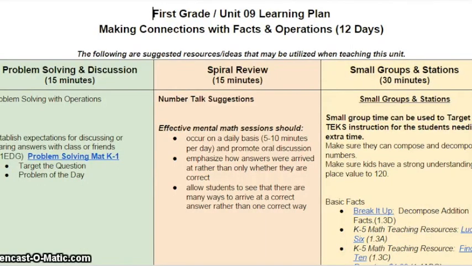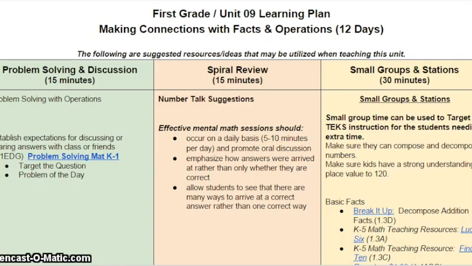Unit 9 for 1st grade, we're looking at this learning plan, and this is where we are making connections with facts and operations. Other grade levels are calling it a bridge the gap idea, but what we're focusing on specifically with 1st grade is just really working hard to get our students ready to go for 2nd grade.